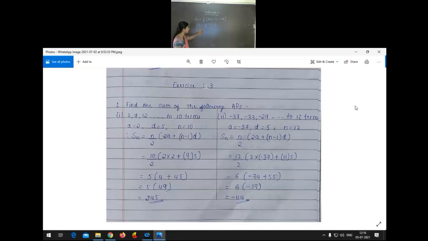Is it right? Or n into n plus 1 divided by 2. Yes, right formula. So this formula we are going to use to find out the sum of first n natural numbers. Sn is equal to n into n plus 1 divided by 2.